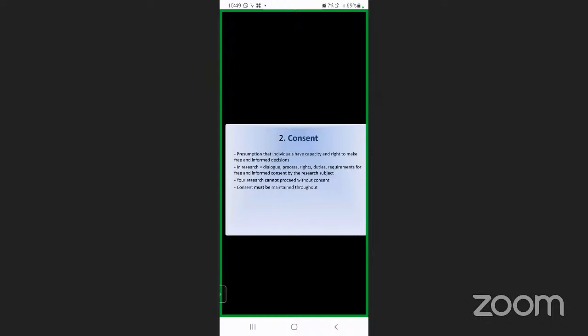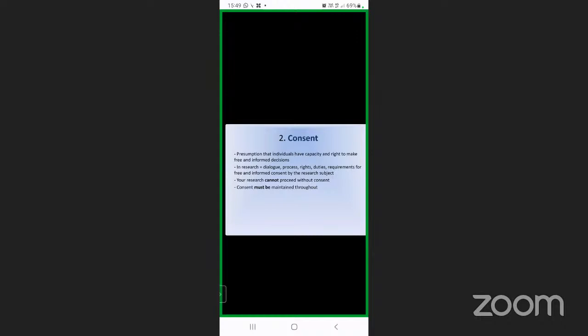Many times when we are using some images or figures, at that time also we have to get permission from that researcher or the publisher. From that person we have to take consent.